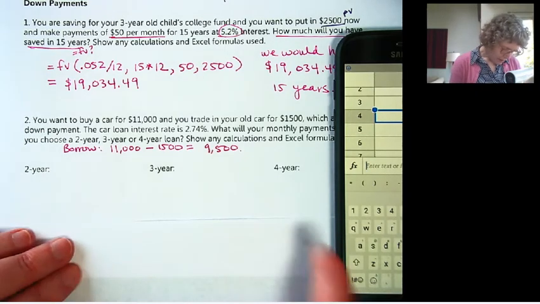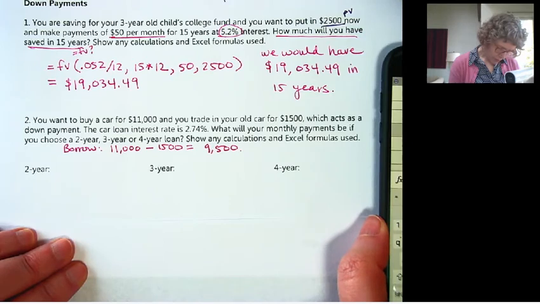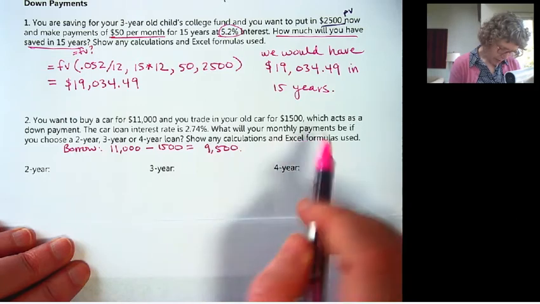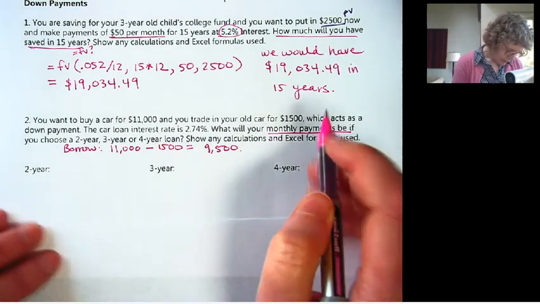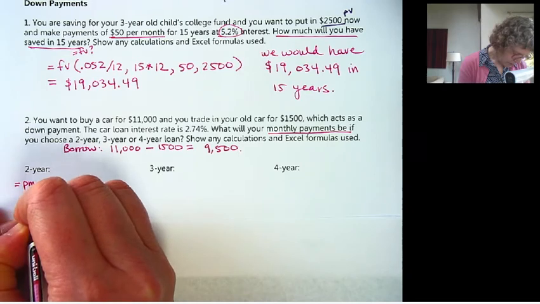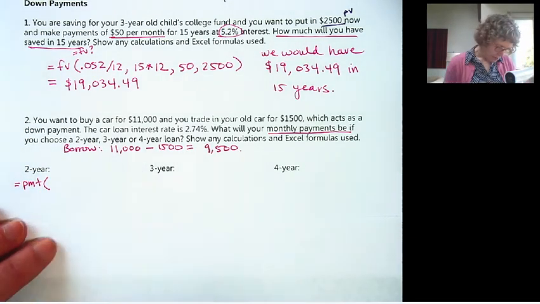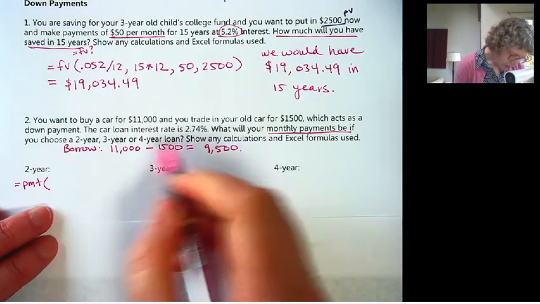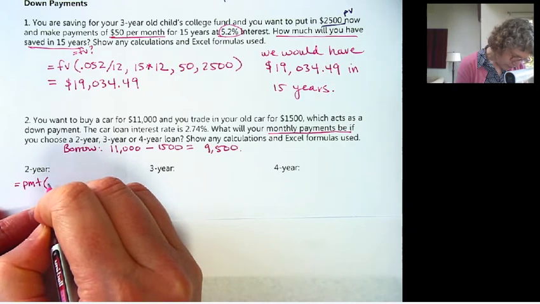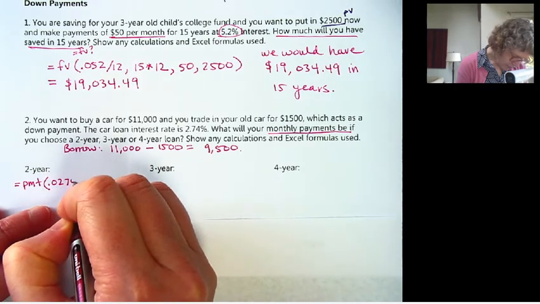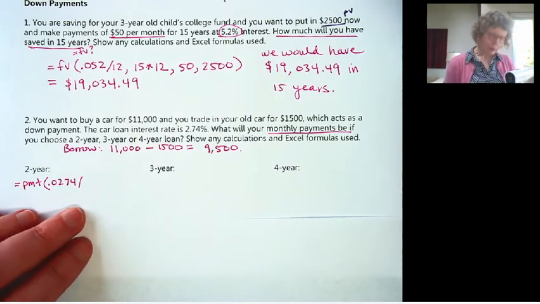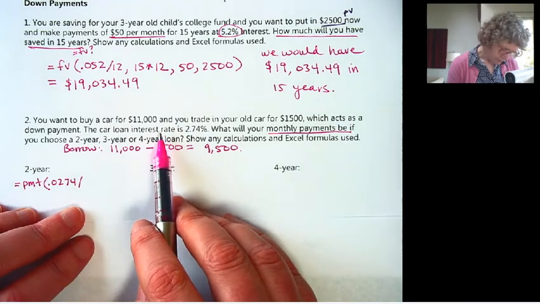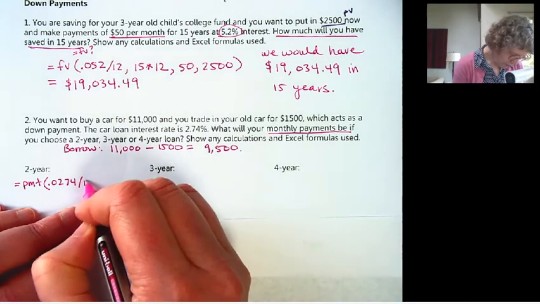Okay, so now we're going to use a formula, but which formula are we going to use? So find the question, what will your monthly payment be? So this is a payment question. Payment, so the rate goes first. 0.0274 divided by what? Monthly payment, so 12.